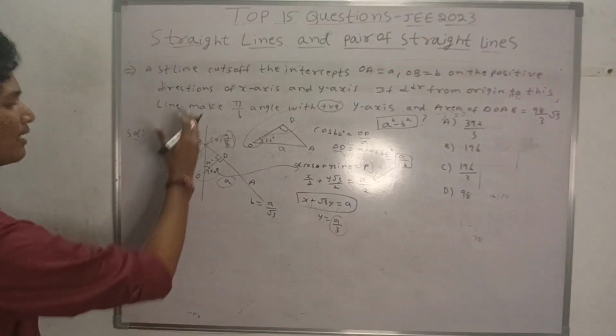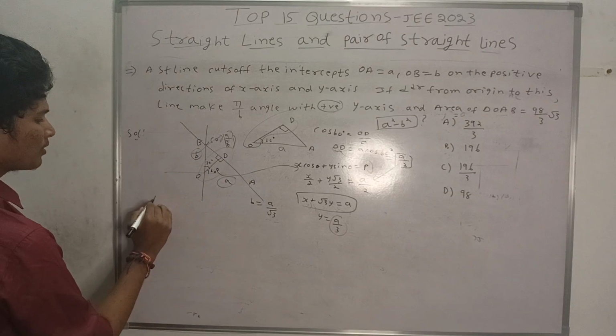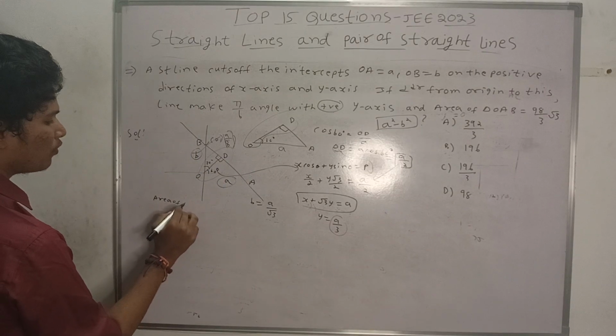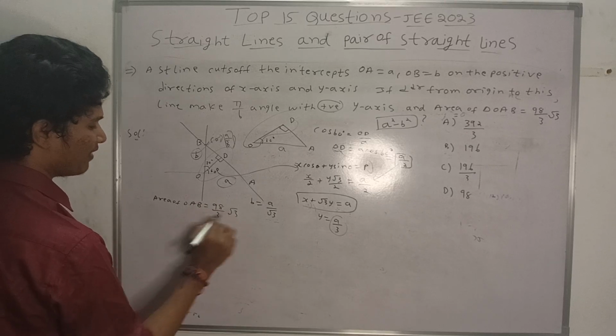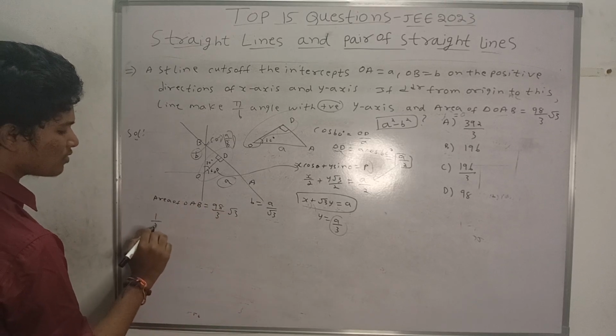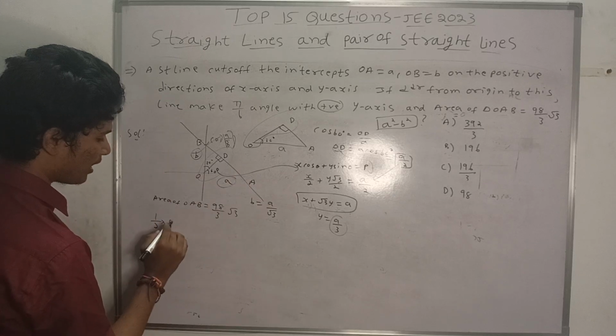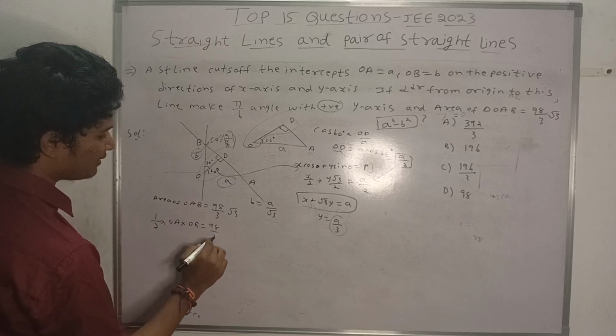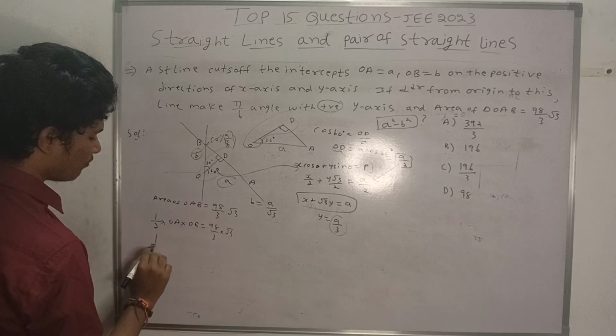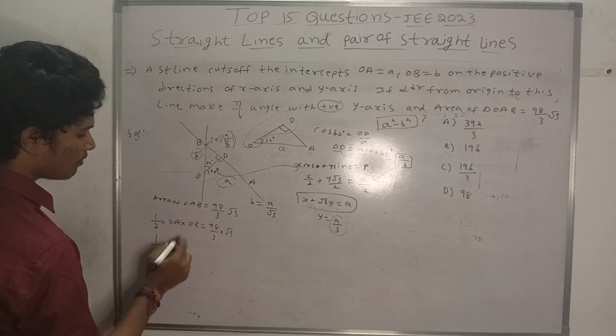Now they are asking, what is the area of OAB? Area of OAB equal to 98 by 3 into root 3, they have given. The area is half into base, that is OA into OB, equal to 98 by 3 into root 3. What is OA? That is A here. What is OB?